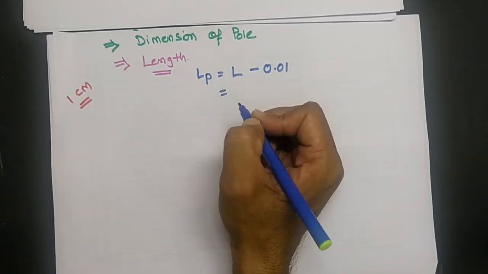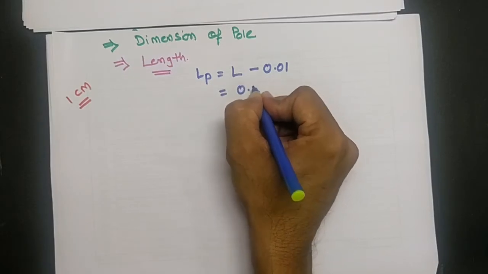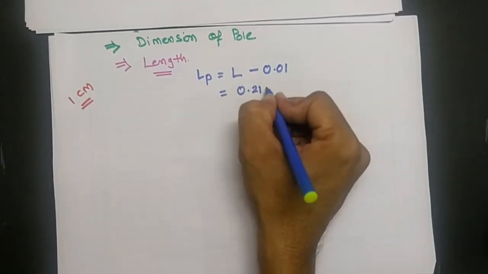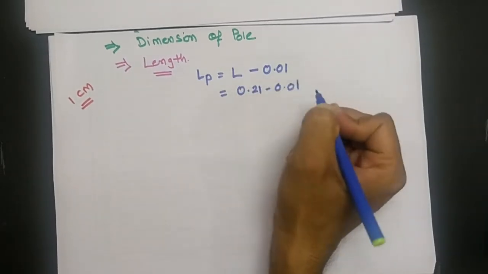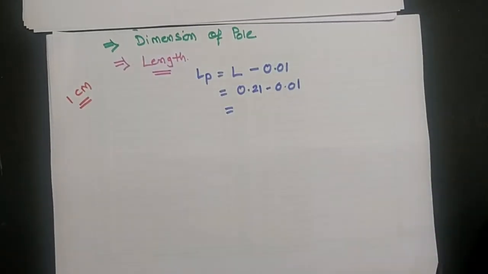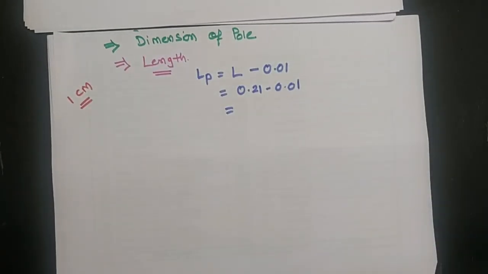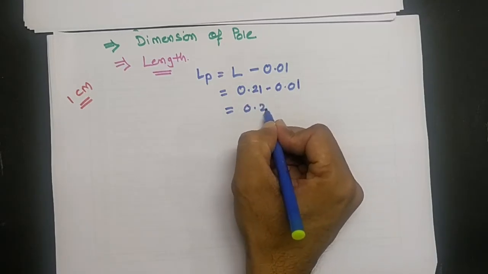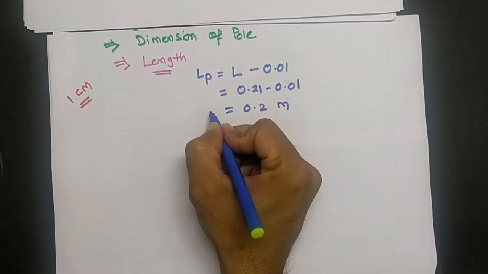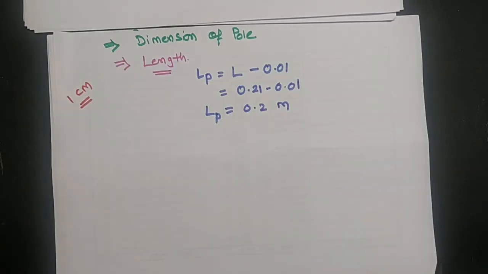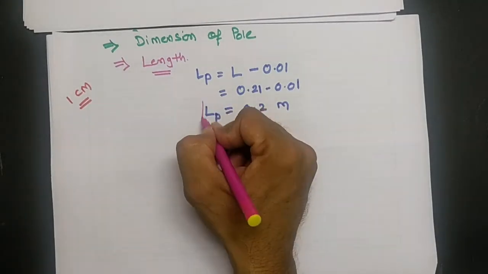The length is given as 0.21 meter minus 0.01, and it comes to 0.2 meter. That is the length of the pole. So we have calculated the length.